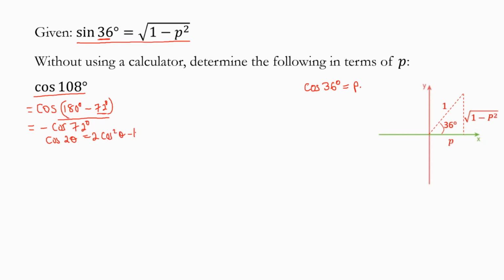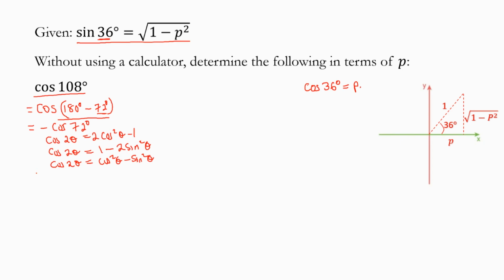We're going to use this one first, and then the second one, which says cos 2 theta is equal to 1 minus 2 sine squared theta. And then the third one, cos 2 theta is equal to cos squared theta minus sine squared theta. Any of these will give us the same answer, but we'll do the three of them.